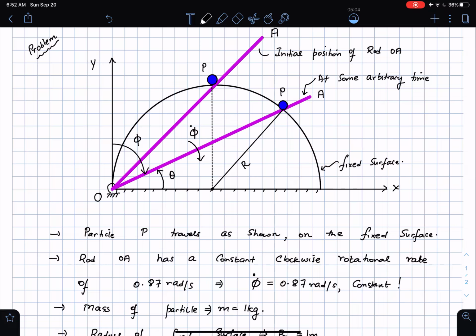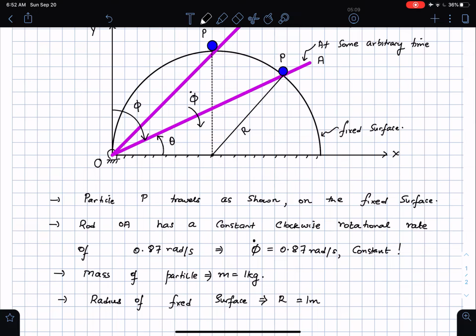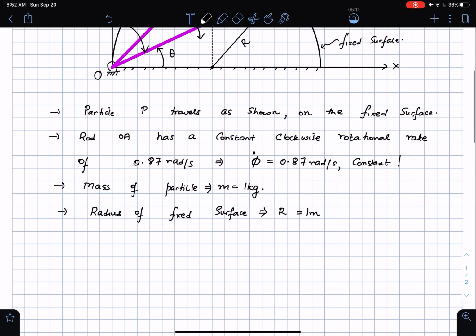in the clockwise direction. And the mass of the particle is given, the radius of the fixed surface is also known to us. What are the things we need to do? Here are the things we need to do.